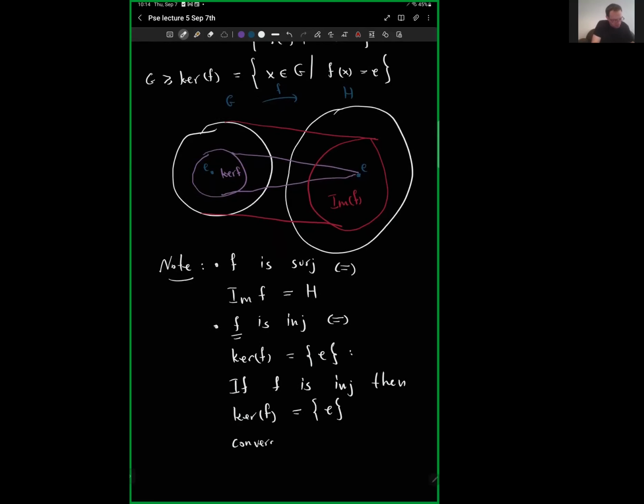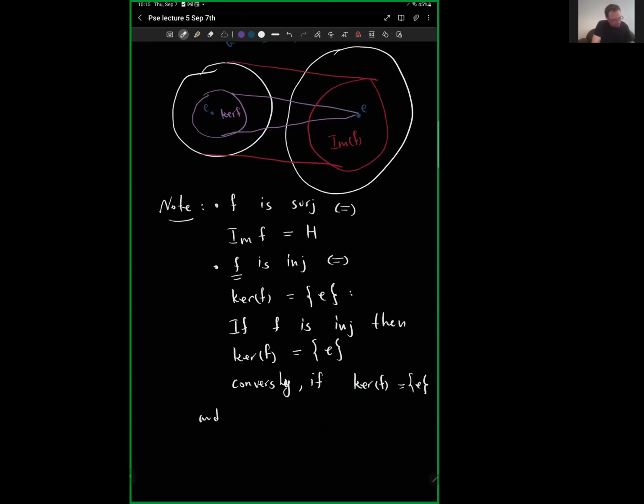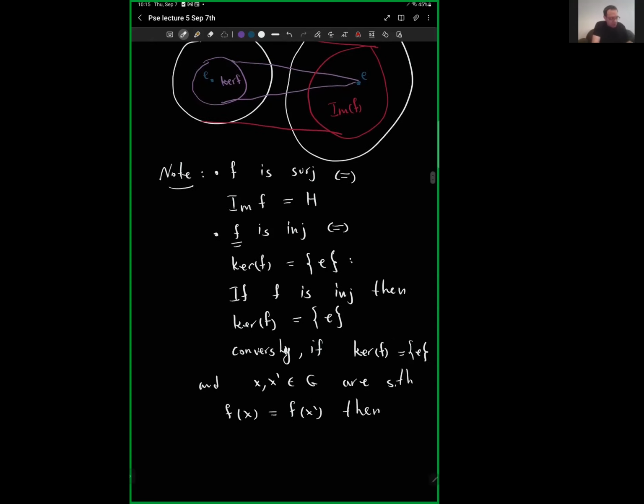Conversely, if kernel of F is E, and you have two elements, let's say X and X prime in G such that F of X is equal to F of X prime, then, since F is a homomorphism, what I can do, this is equivalent to say that F(X prime) times F(X)^-1 is equal to E. I just multiply the equation by F(x) inverse.